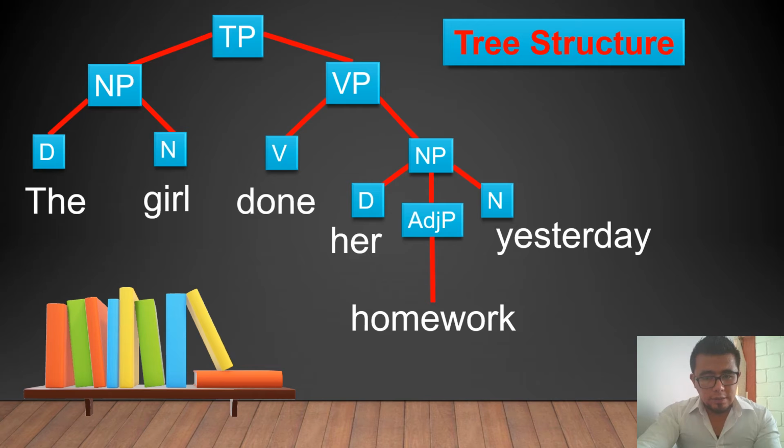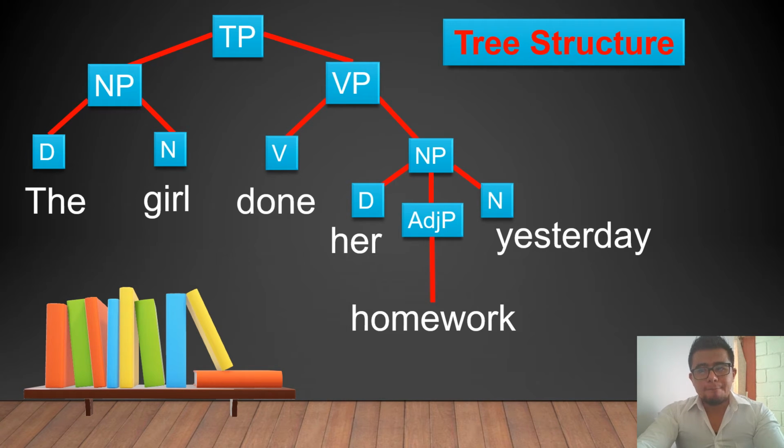So this is a simple theory about the sentence tree structure, and the book tells us that every sentence has its own way to be studied. It depends on the phrase, and we can study the sentence and divide every little word and know what the meaning is.